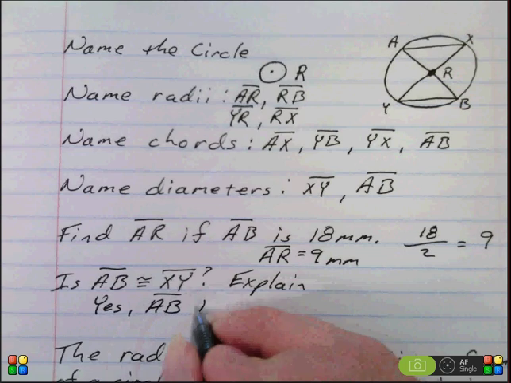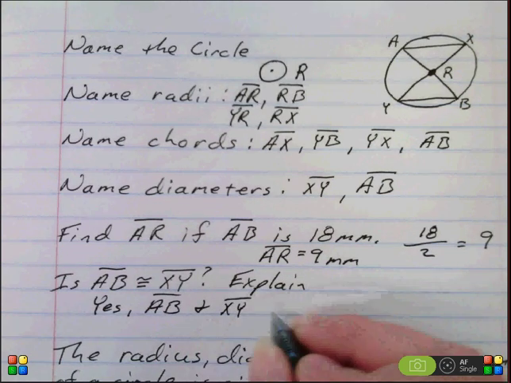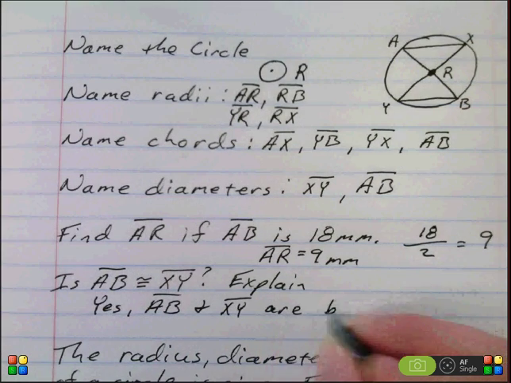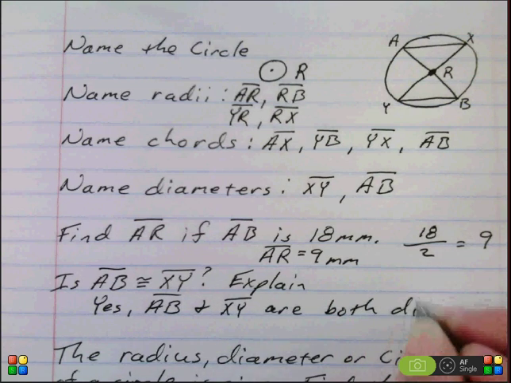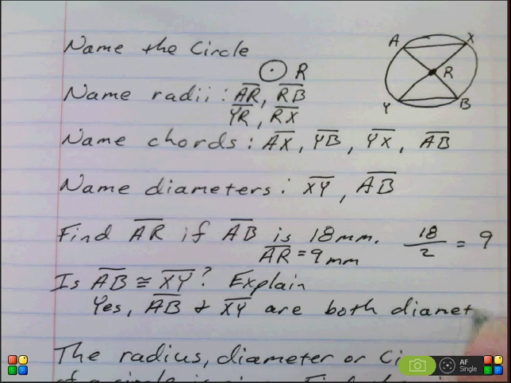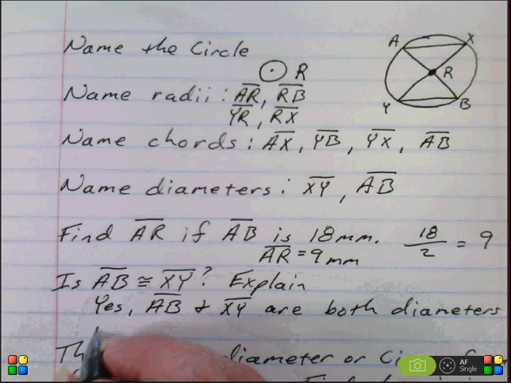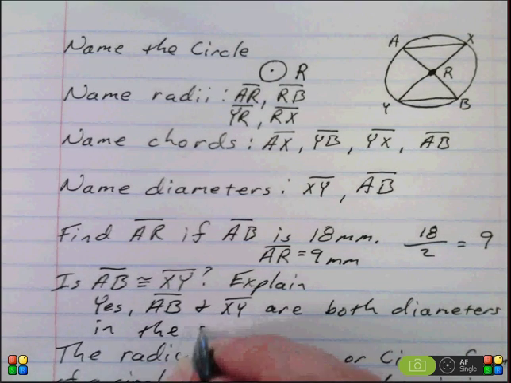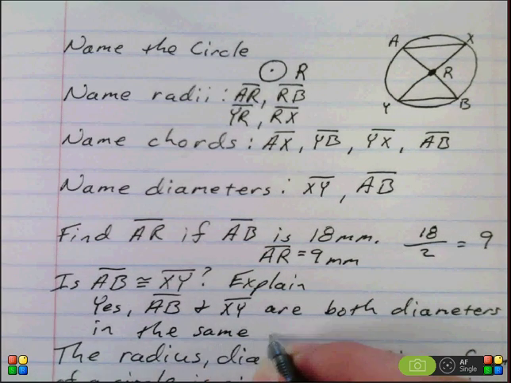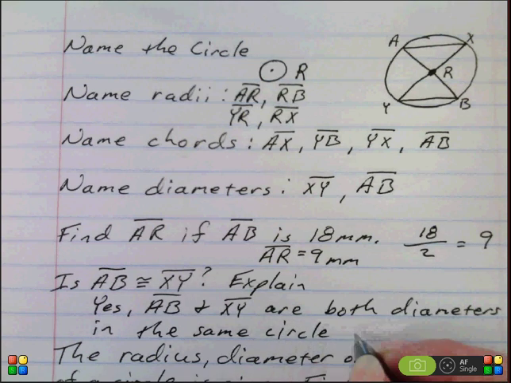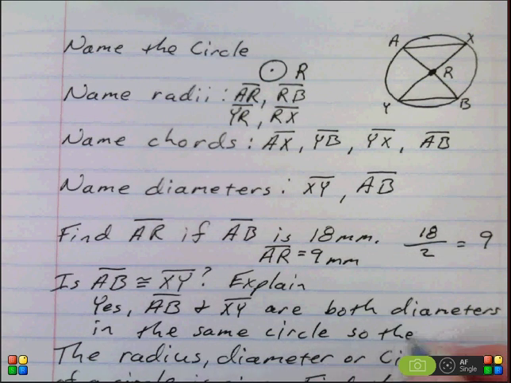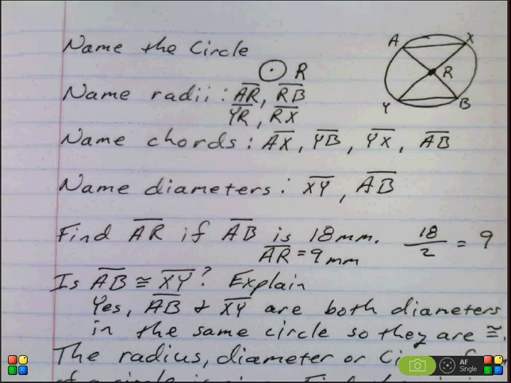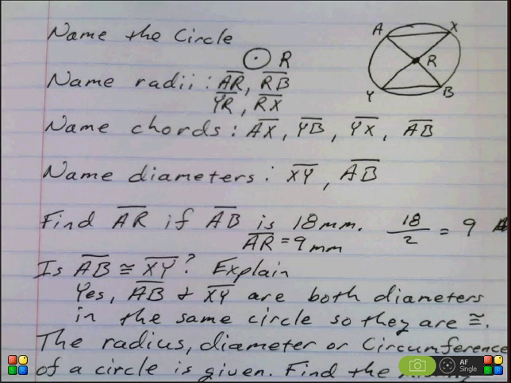AB and XY are both diameters in the same circle. So they are congruent. Great. Okay, let's move on to some more practice.